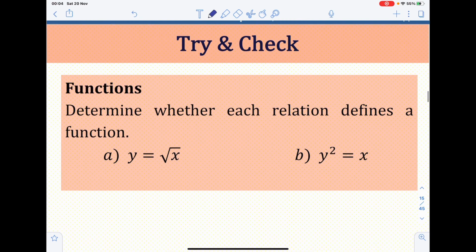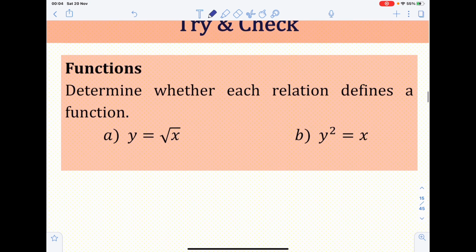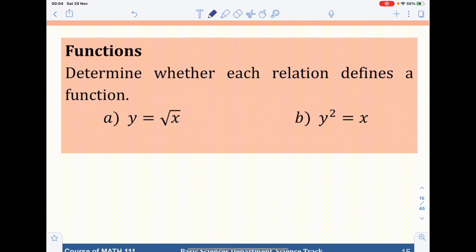Anyway, here we have an exercise to determine whether a relation is a function. We have two relations over here. The first one is y equals root x. If we draw this one, we would have something like this.